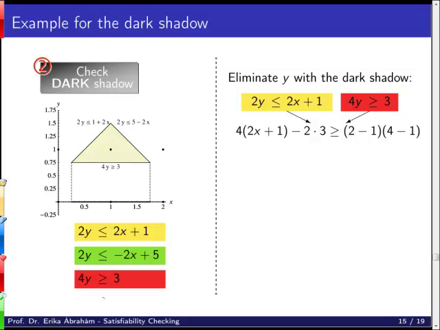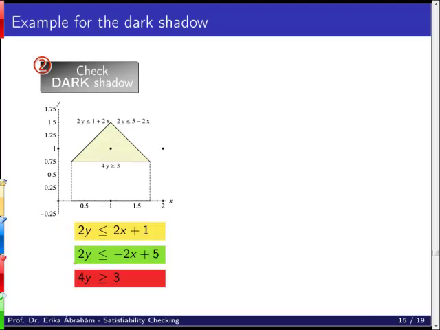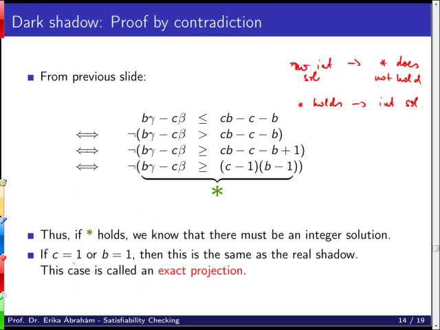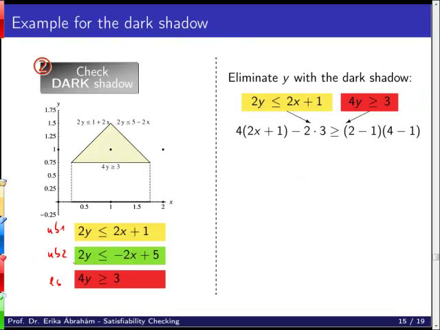This is the lower bound, this is upper bound 1, upper bound 2. And I go back to the previous slide. Here we check this condition. Beta gamma minus c beta larger equals c minus 1 times b minus 1. So if you just believe me that if I apply it, then you get this inequation.